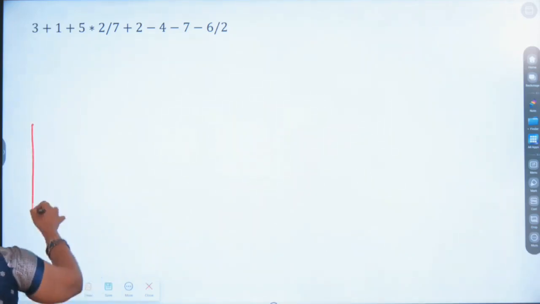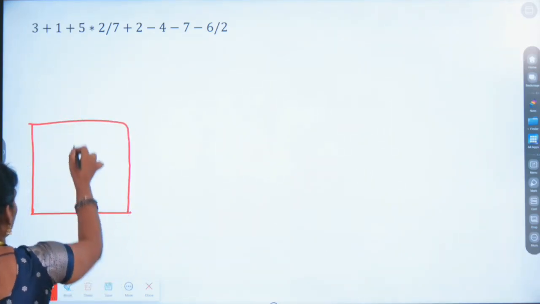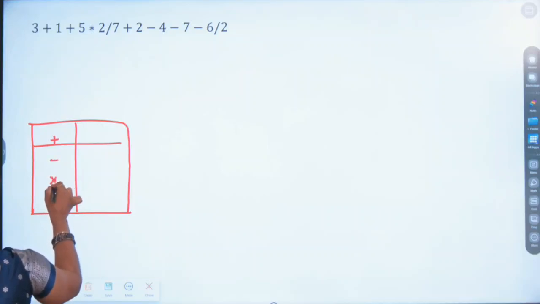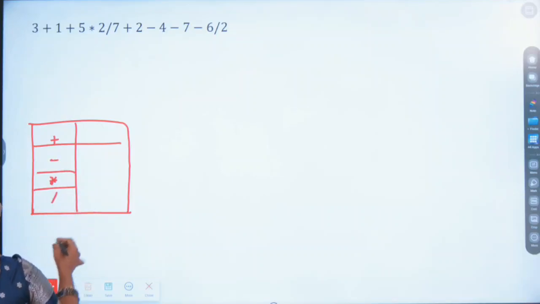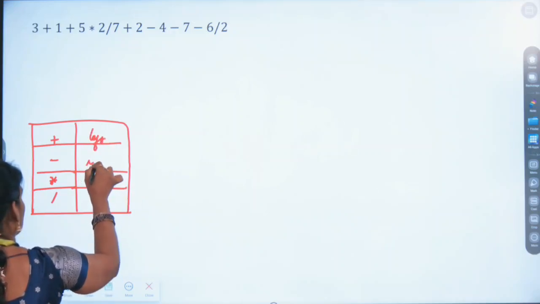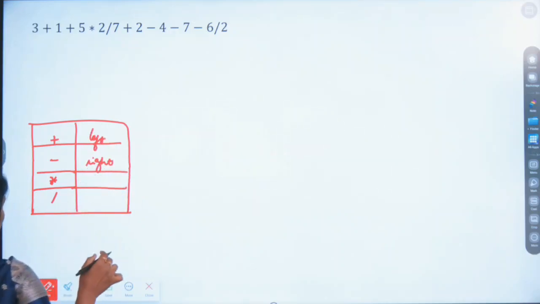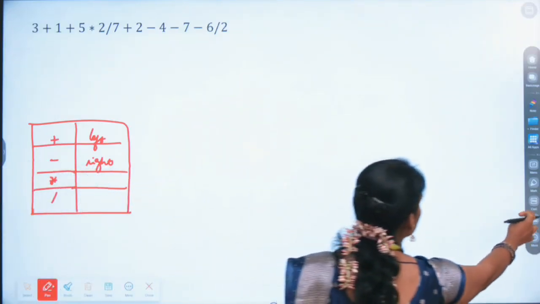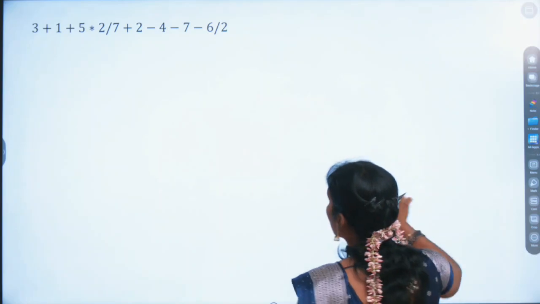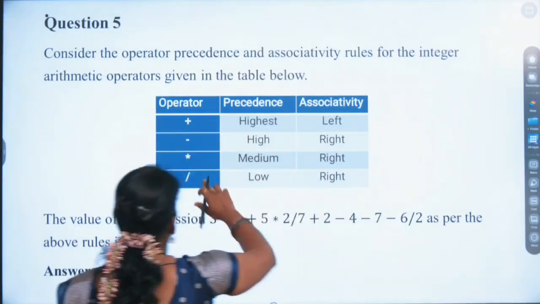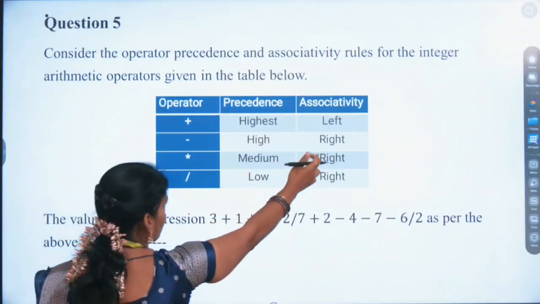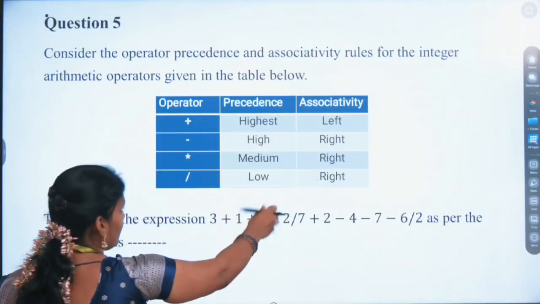The operators given in the question, in order of precedence, are plus, minus, multiplication and division, and the associativity is left, right, right, right.